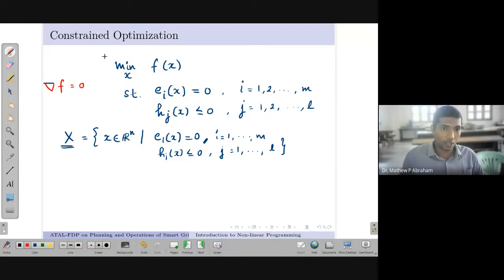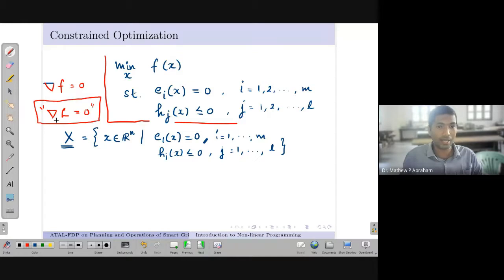We require the gradient of this Lagrangian to be equal to 0. This is the general case, and I'll come to the specific details later. Instead of the function f, we have a Lagrangian function, and the first order necessary condition says that the gradient of the Lagrangian function needs to be 0.